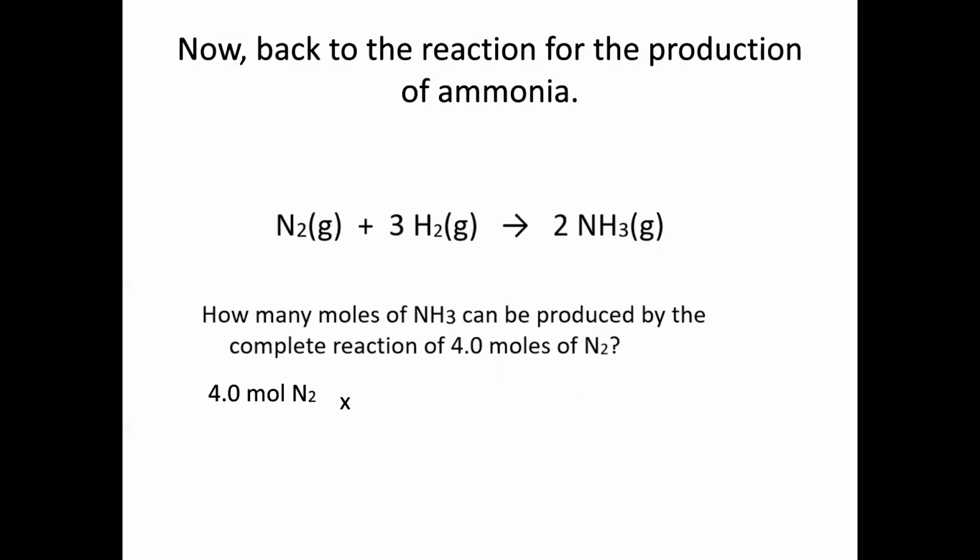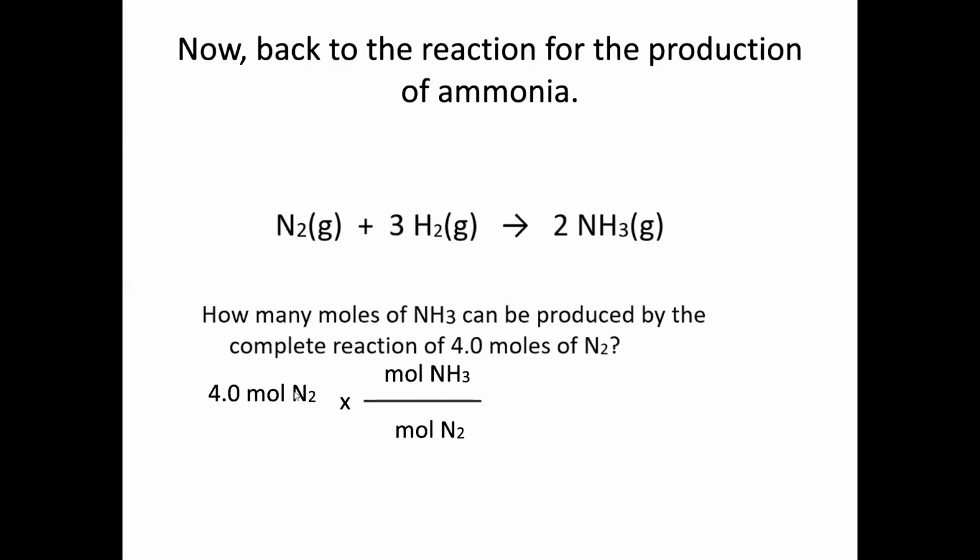We're going to set up the problem. So what is our ratio of nitrogen gas to ammonia in the chemical formula? You just pull the number down and you make sure that you have whatever you start with. You want to set the thing that you're going to cancel out on bottom.